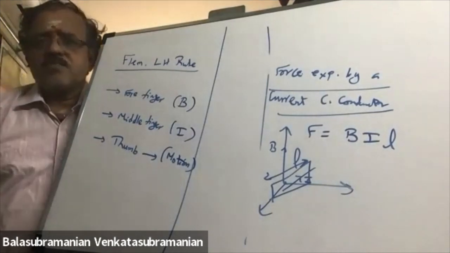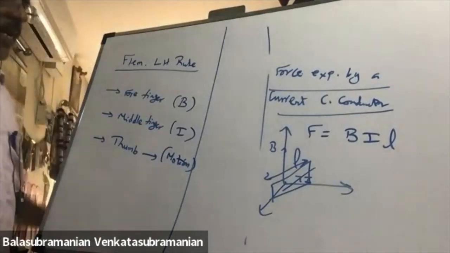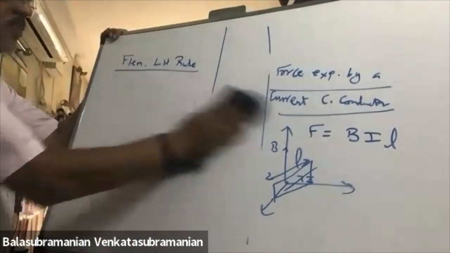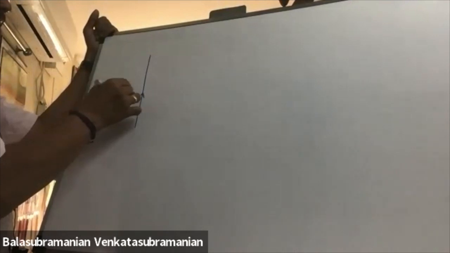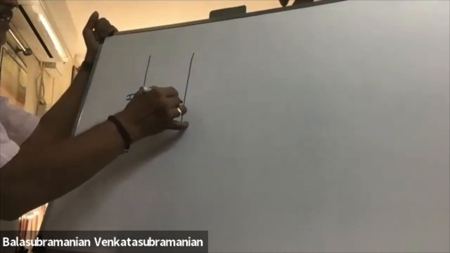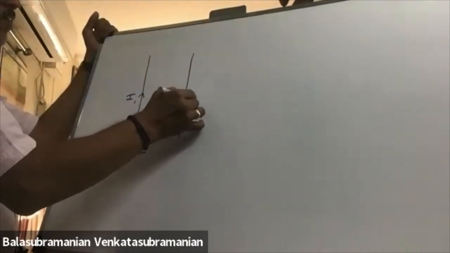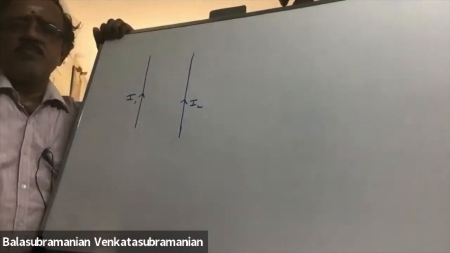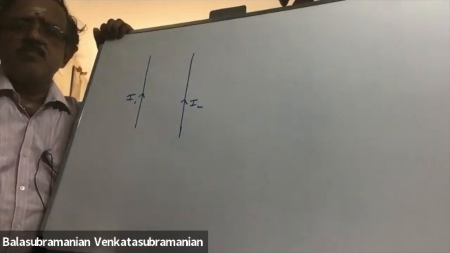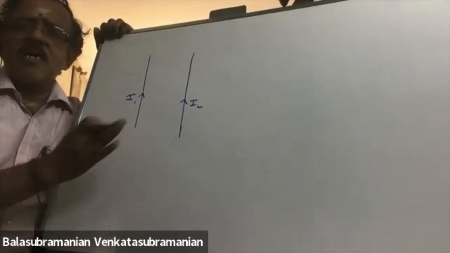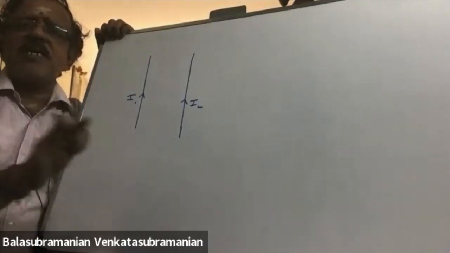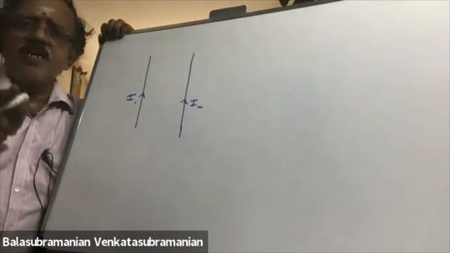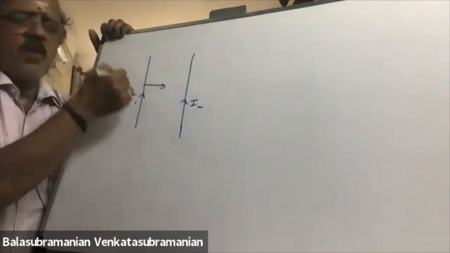What is happening? Sir, I am keeping two conductors. One conductor carrying current I1, another conductor carrying current I2. Both current directions are the same. This current carrying conductor placed in a magnetic field definitely will experience a force using Fleming's left-hand rule.